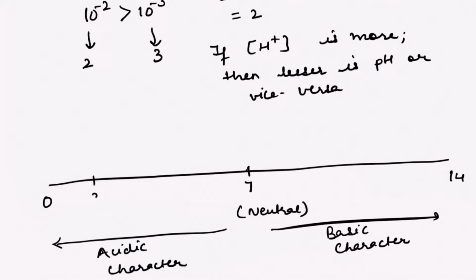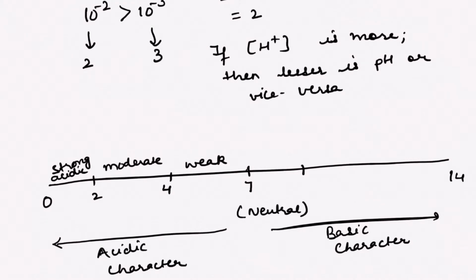Now from 0 to 2, this represents a strongly acidic solution. From 2 to 4, it represents moderately acidic. Then from 4 to 7 represents weak acid.